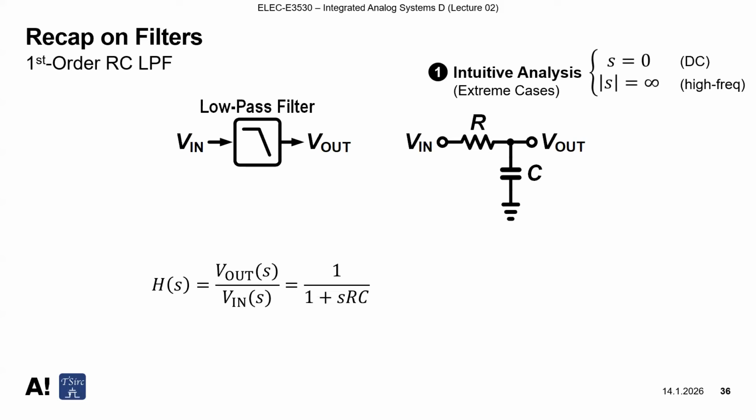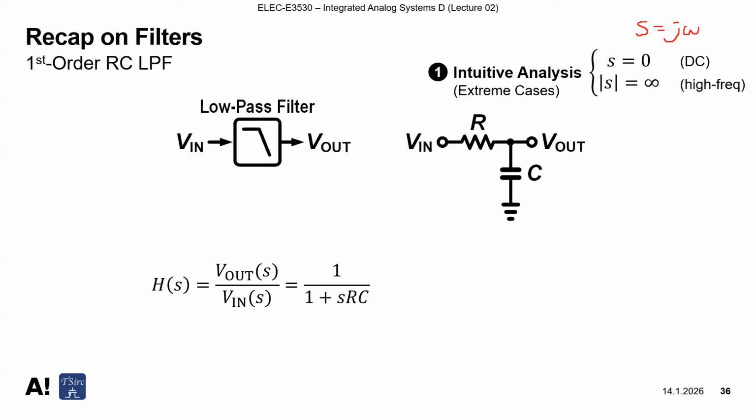For intuitive analysis, we can use this when you happen to meet a very, very complicated circuit later in your study or research. We can think about extreme cases. When we take the S term to steady state condition, it becomes j omega.